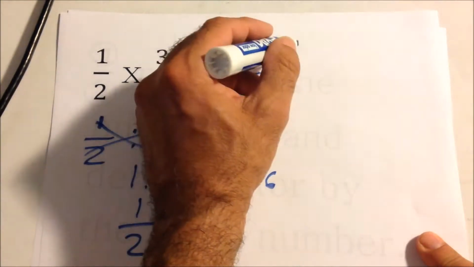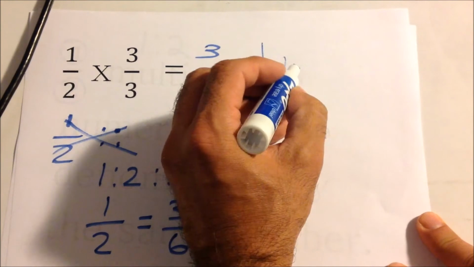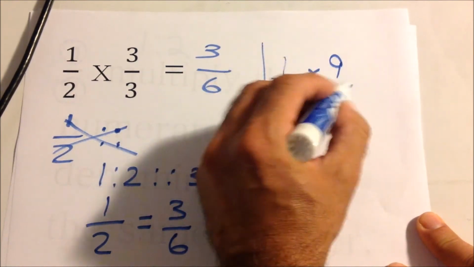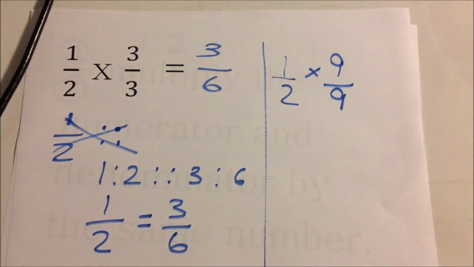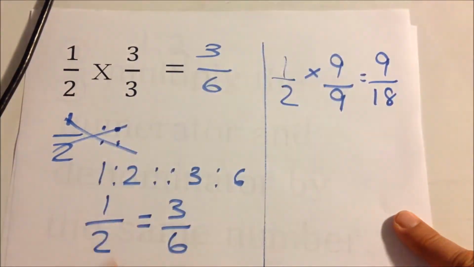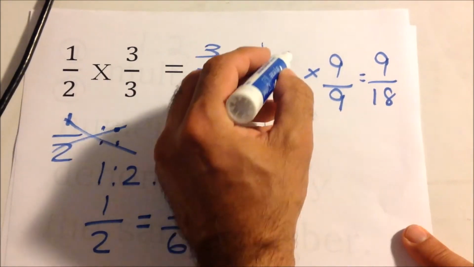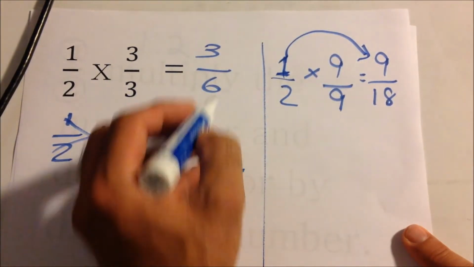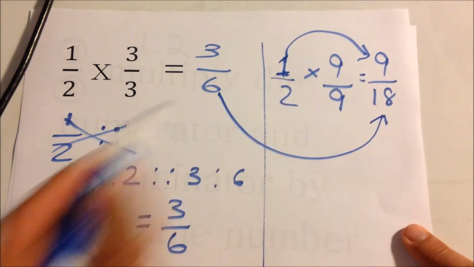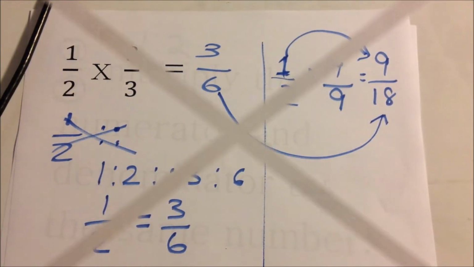Let's say we said 1 over 2, and we will times it by 9. We can times it by any number you want. So 9 over 18 is also equivalent. And if 1 over 2 is equivalent to 9 over 18, then 3 over 6 is also equivalent to 9 over 18. So any number you choose, you can use.